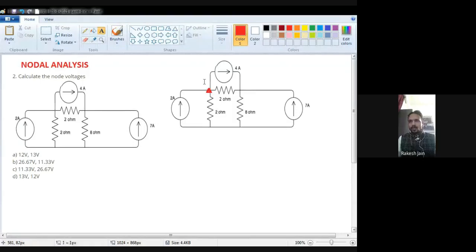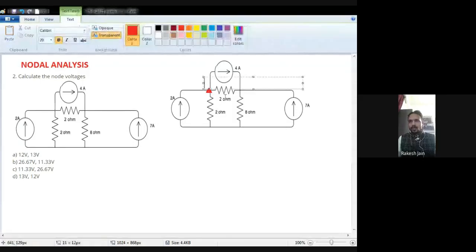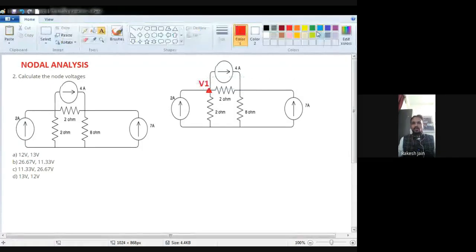So the first step is what? We should denote the nodes. So this is a node, and let the node voltage at this point be V1. Now see the second node, I am showing you with green color. This is a point at which this 4 ampere current comes, this 7 ampere current comes, this 2 ohm resistance is connected, and this 8 ohm resistance is also connected.